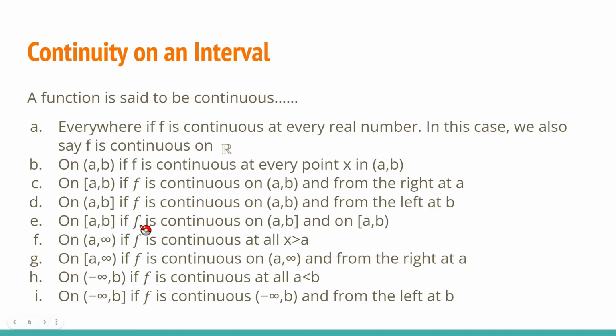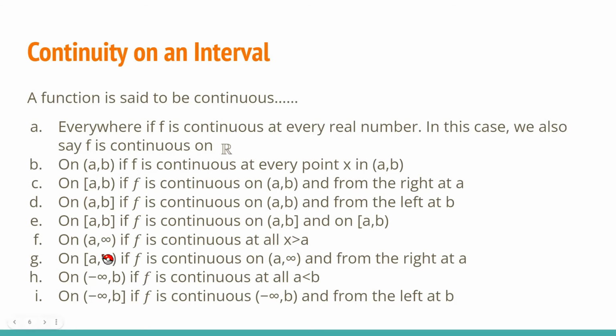On closed intervals a to b, f is continuous if it is continuous on the open interval a to b, from the right at a, and from the left at b.